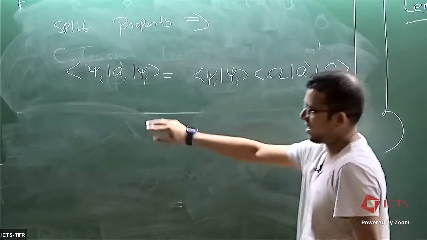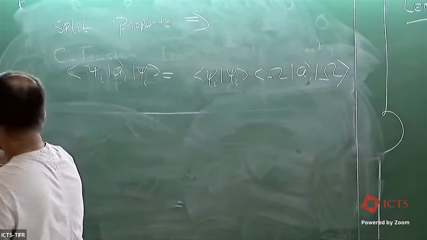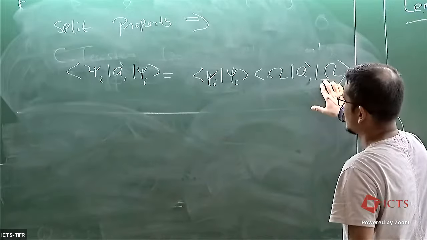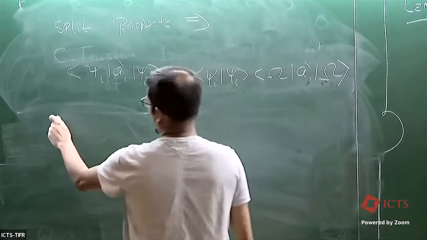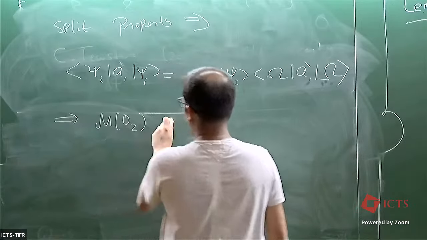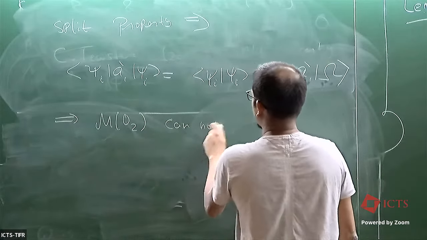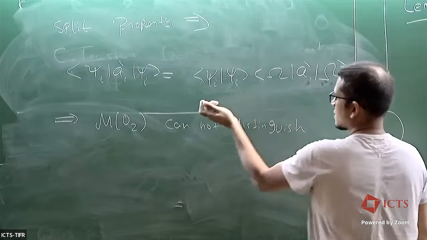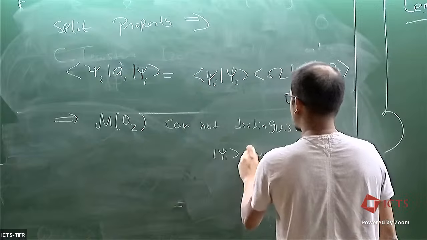So it's just algebra, and you can just work it out. It really just follows from the split property and these unitary conjugations, and so this clearly implies that M O2 cannot distinguish psi 1 and psi 2.